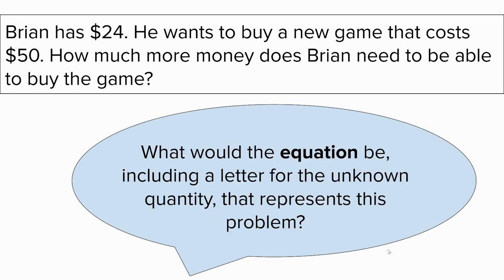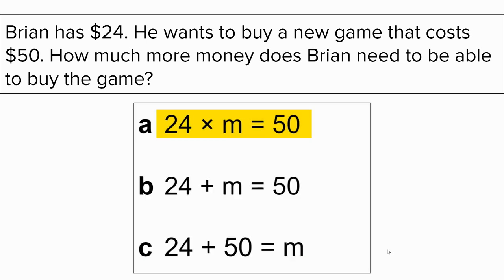So let's think about the operation. Some of you might say addition. You might also say subtraction. But let's think about what an equation would be, including a letter for the unknown quantity that could represent this problem. Let me give you some choices. Would it be A, 24 times m equals 50?